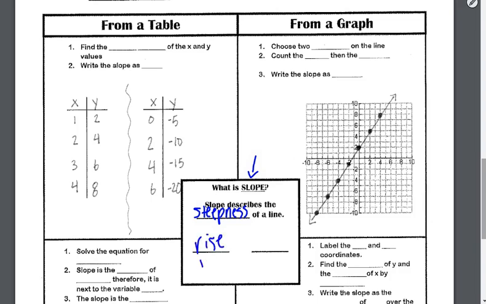We refer to it as rise over run, or the change in y over your change in x. This little triangle here is the Greek letter for delta, which means change. So that's why we use a triangle there. So that really means the change in y over the change in x. It's how much your variables are changing by.